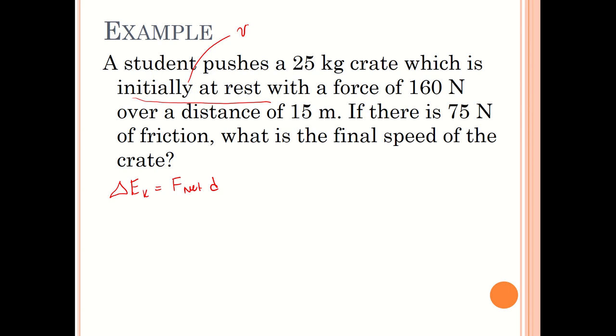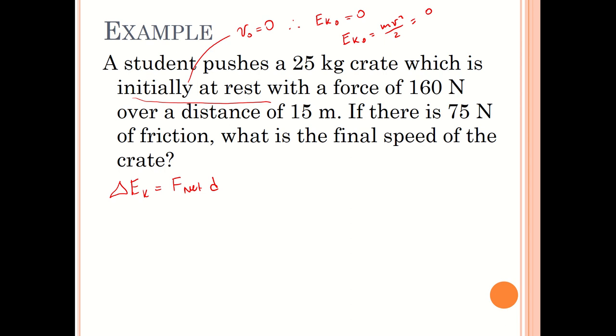So we know from here that our V naught is 0. If your V naught is 0, therefore your initial kinetic energy is going to be 0, right? Because if you plug 0 for velocity into mv squared over 2, you end up with 0 on the top, and everything becomes 0.